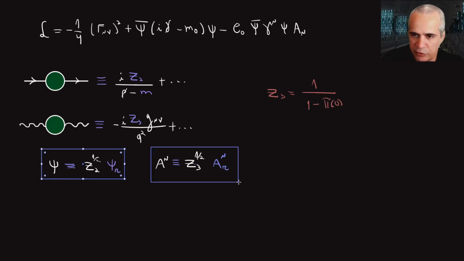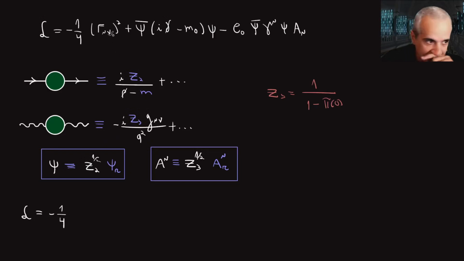So I use these 2 definitions and I go back to the Lagrangian. Now my Lagrangian, which is partially renormalized because I didn't do anything yet with the couplings and masses, will become minus 1/4. There's 2 powers of A here, so I get a Z3 F mu nu, now written in terms of A r. This is the square.